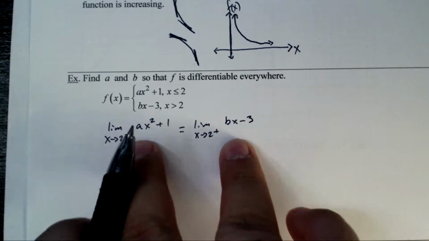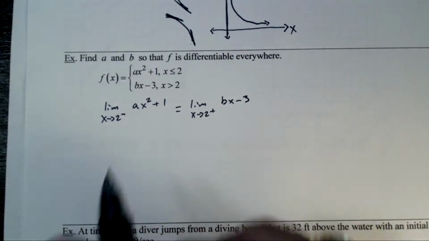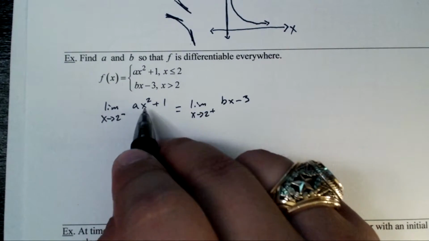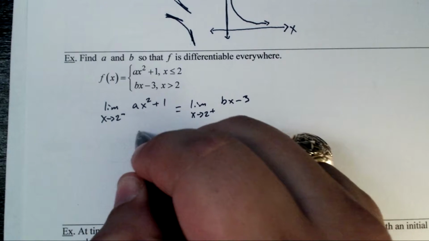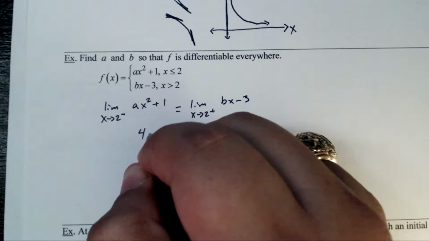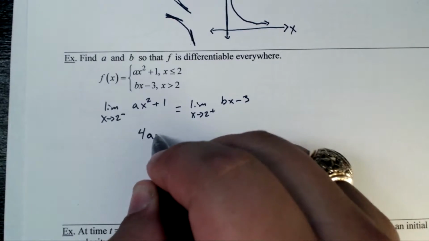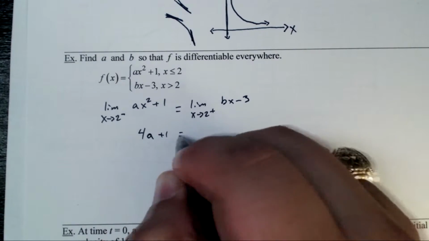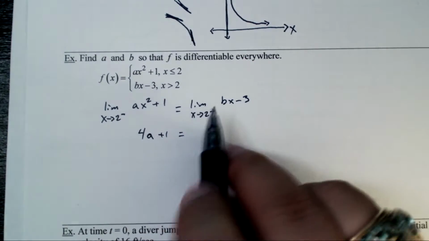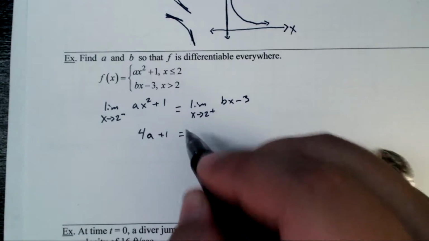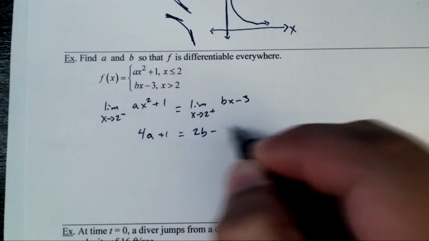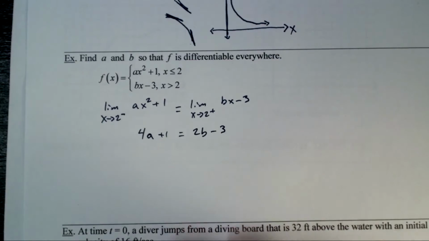So now we want to evaluate. Let's see, if we plug in 2 into here, we get 4a plus 1 equals, if we plug in 2 here, we get 2b minus 3.